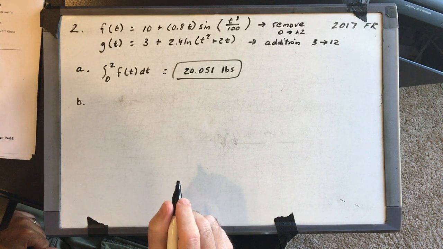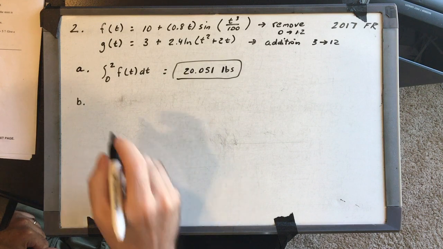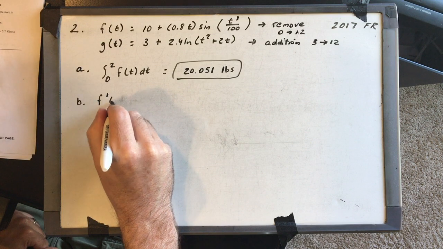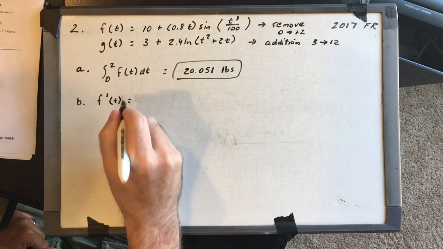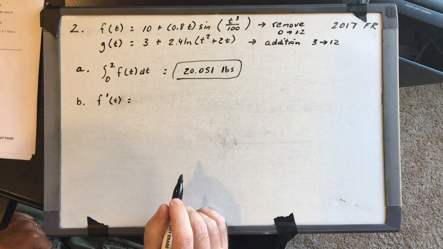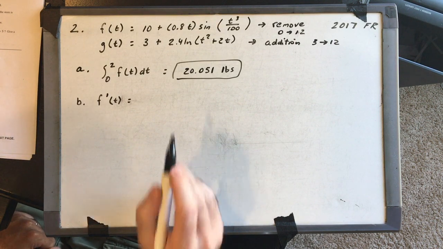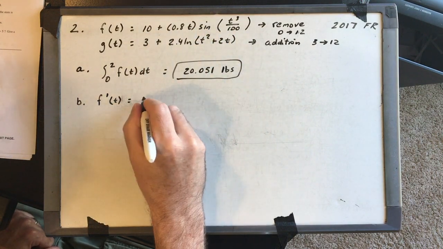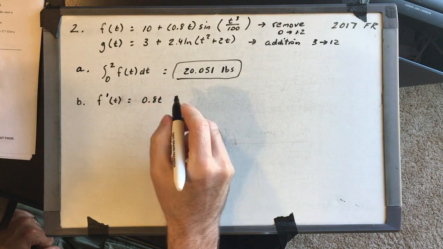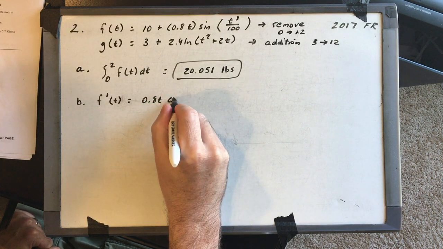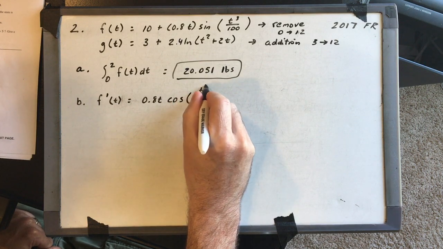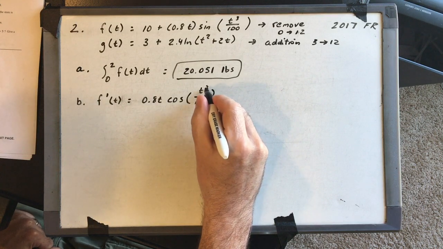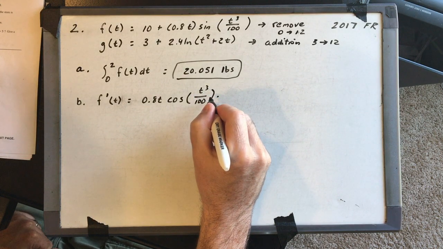Part B says find f prime of 7. Okay, well, f prime of t, I'm going to go ahead and take that derivative by hand, but I'm going to show you how you can do it in your calculator much faster. So f prime, okay, the derivative of 10 is 0, and then we have a product rule here. The first, 0.8t, times the derivative of the second, well, that would be times cosine of t cubed over 100, times 3t squared over 100.